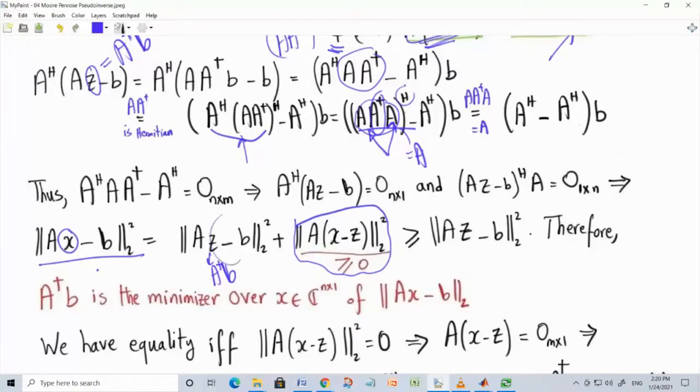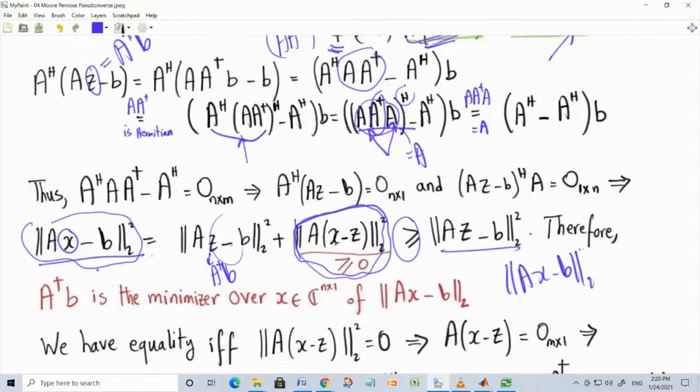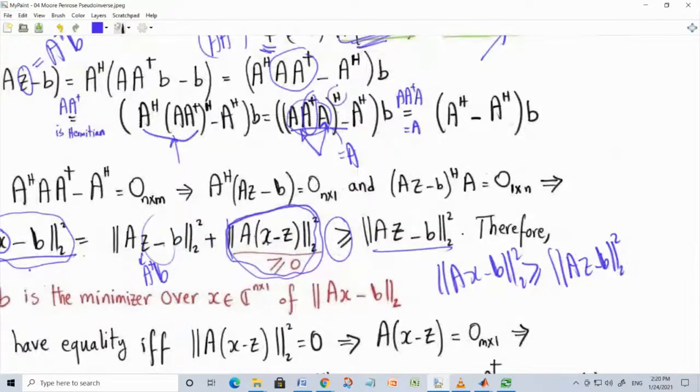So if this guy is equal to this guy plus a non-negative quantity, then it means that this guy is greater than or equal to this guy, right? So this is exactly equal to the sum, and since this quantity is non-negative, we have that for a general x, the L2 norm squared of Ax minus B is greater than or equal to that of AZ minus B. Okay, and so this shows what?